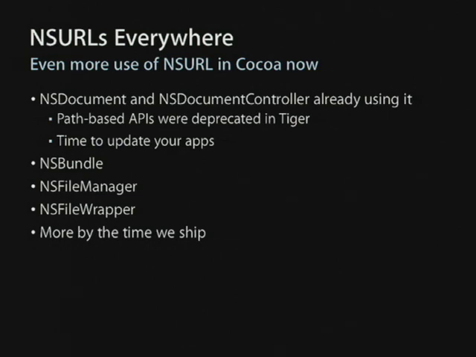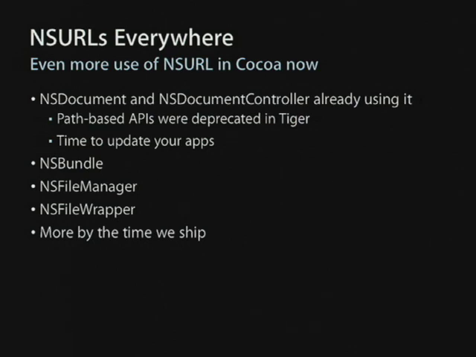I'm glad we made that choice. Otherwise, we'd have a bunch of stuff to redo right now. But that deprecation of those old path-based APIs, which not only were path-based, but had not very good error handling. They didn't deal in the NSError mechanism that we added. Those have been deprecated for a while now. So if you haven't updated your application, now is probably a pretty good time.